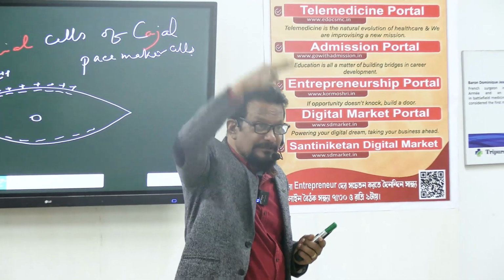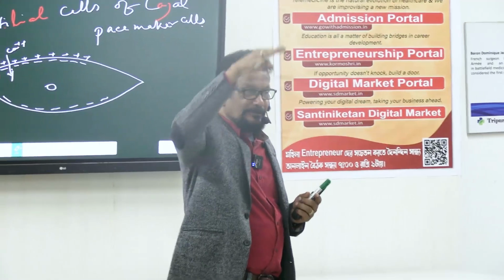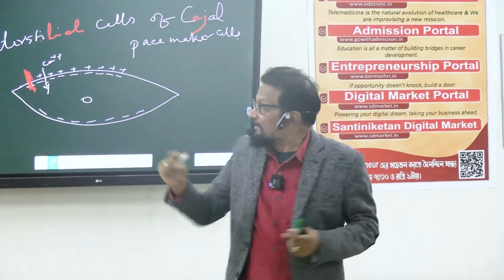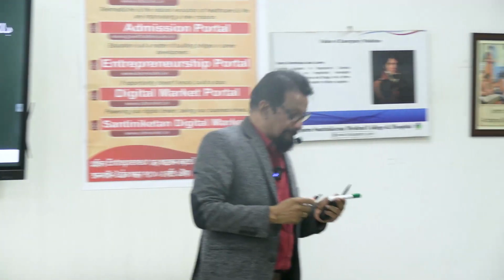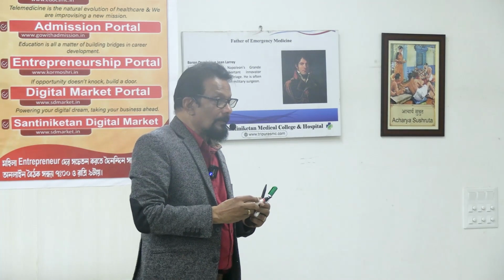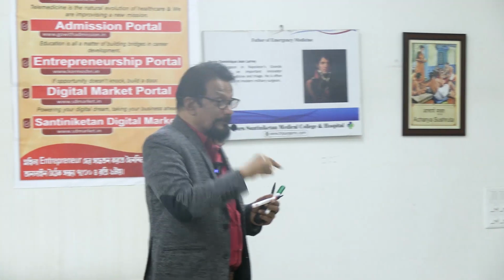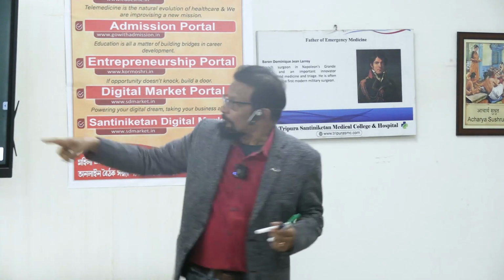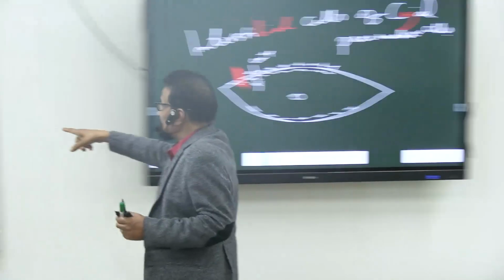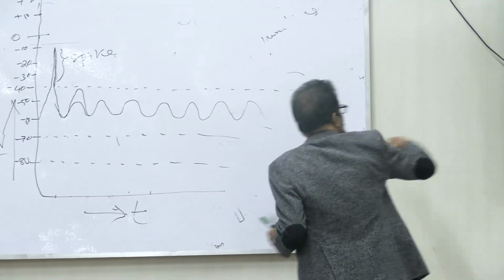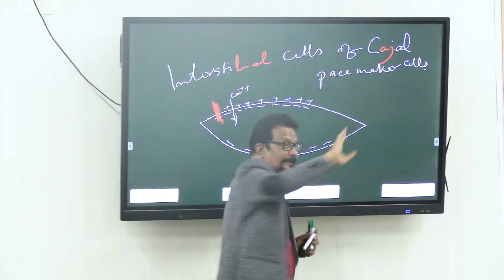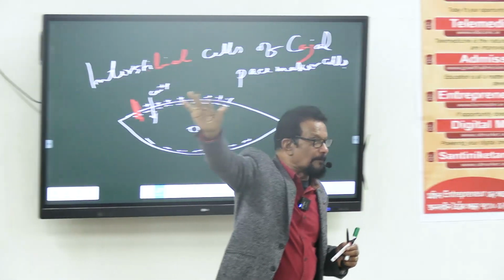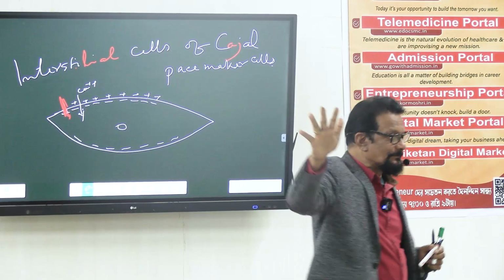It will remain within the zero level. Before this spike is produced, the potential which it is generating will not be transmitted through the sarcomere to other cells.